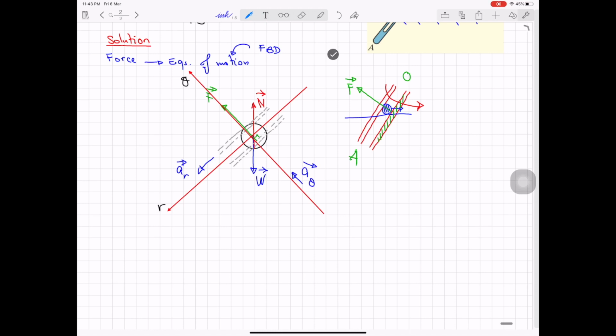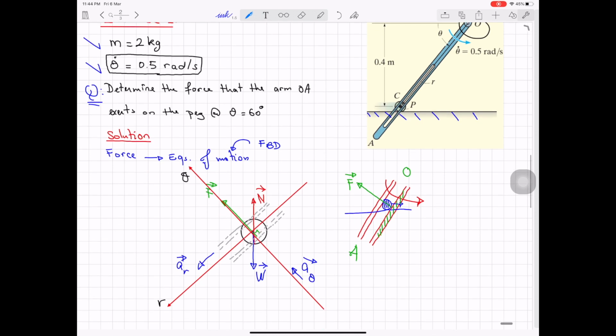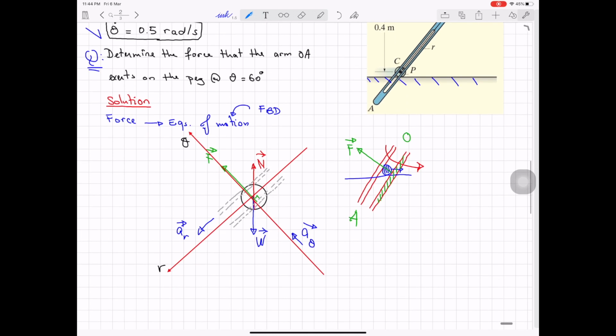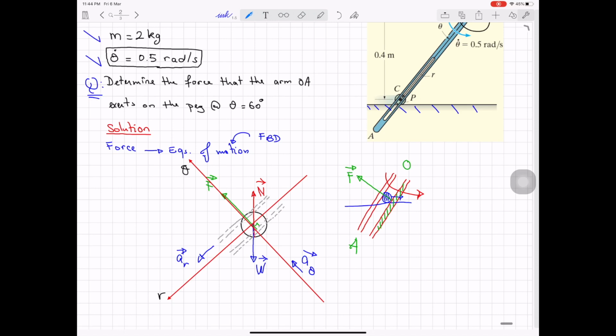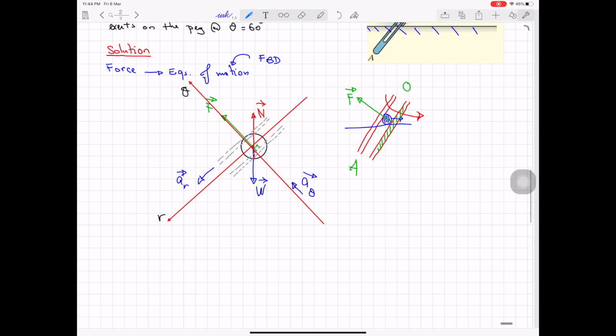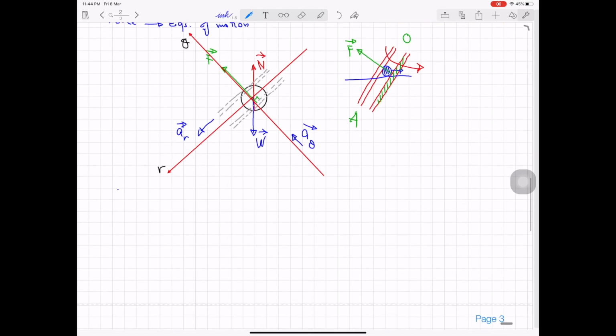Good. Now, what I'm looking for is the normal reaction force of the arm OA on the cylinder, so I'm looking for the force F. Since the force F is on the theta axis, the transverse axis, naturally I have to start with the sum of the forces in the transverse direction.